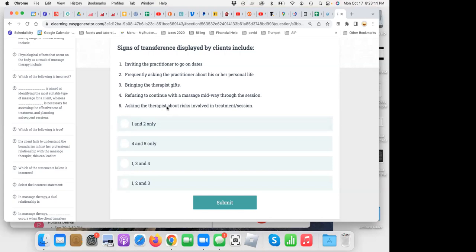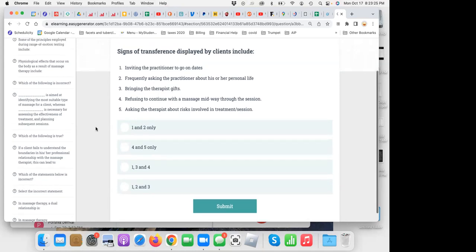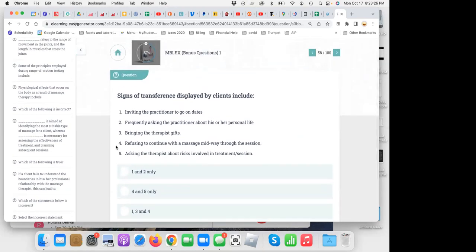It's not asking about risks involved because that's informed consent. Refusing to continue with massage midway through the session, that's not necessarily transference. Sounds like some boundaries have been crossed. Bringing the therapist gifts, yeah, from client to therapist.